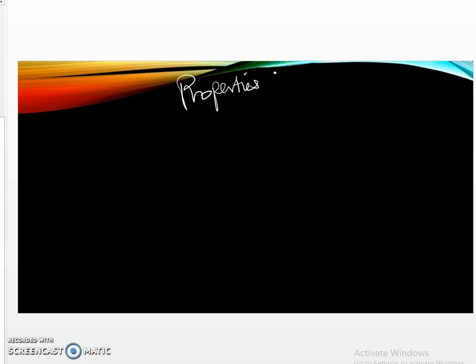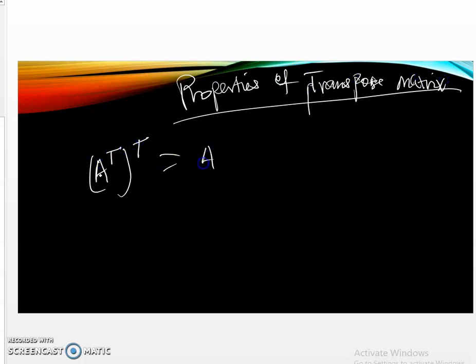The properties of a transpose matrix are given as follows. Taking the transpose of A transpose must give you A. That is to say, if you transpose a matrix and then transpose it again, you will get the original matrix, which is A. So this is property number 1.